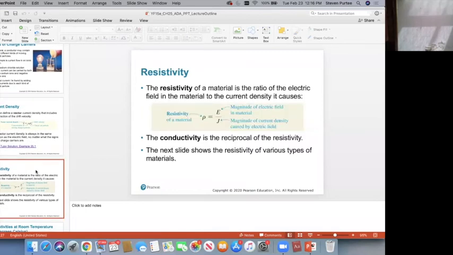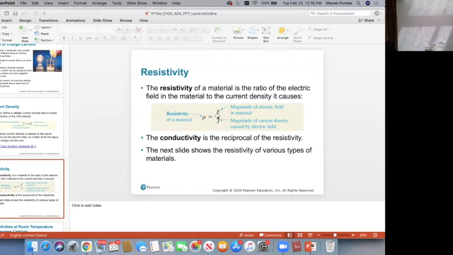Resistivity is a measure of how good a particular material is at stopping current. So by definition, we call resistivity the electric field divided by the current density. So you apply an electric field in a material, you measure how much current will flow per unit cross-sectional area.